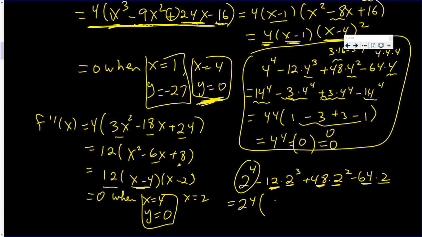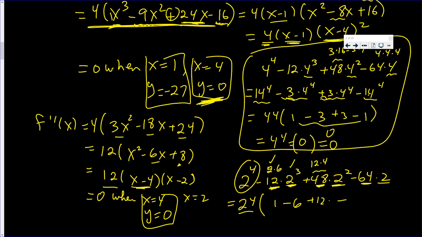Here I have 1. Now this number here is 2 times 6, because I need one more 2. 2 times 2 cubed, that's 2 to the 4th. I factored that out, minus the 6. This number here is 12 times 4. 2 squared is 4. Times another 2 squared, that's 12 times 2 to the 4th.